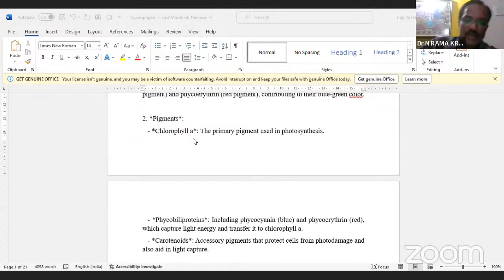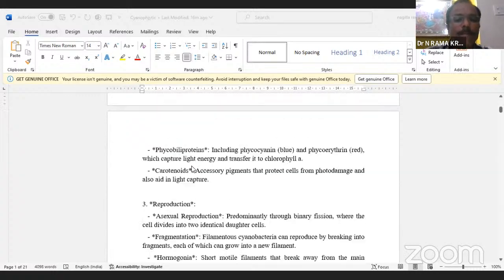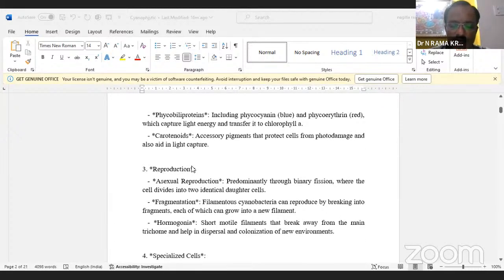Next, there are some food reserve materials, often cyanophycin granules and oil droplets. Cyanophycin starch is related to glycogen. These types of food materials we also see in cyanophytic algae.